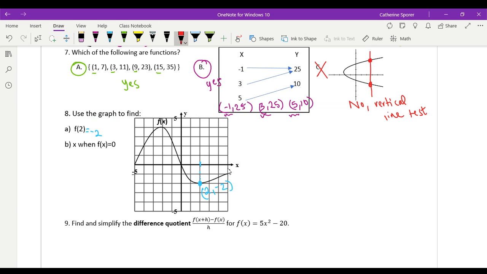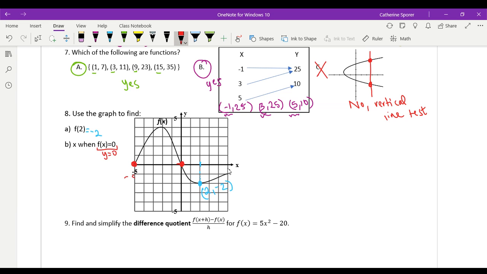Part B asks us to find x when f of x is 0. So that means if f of x is 0, that means that y is 0. So we want to look at the graph for whenever y is equal to 0, and we want to see what x is at those points. So y is 0 anywhere the graph crosses the x-axis. So right here and right here is where y is 0.